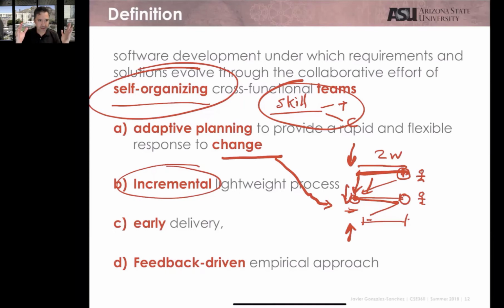If you think about it, in a period of 1 month, there are 2 opportunities in which you can change or do something with your planning and with your requirements, 2 times per month, assuming you are following these small iterations of 2 weeks. 2 times per month is good enough.